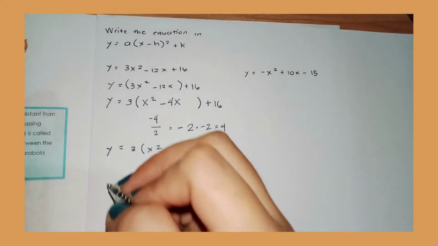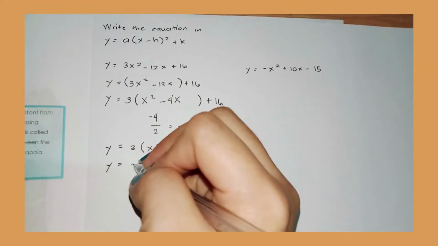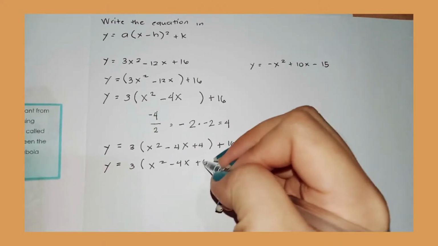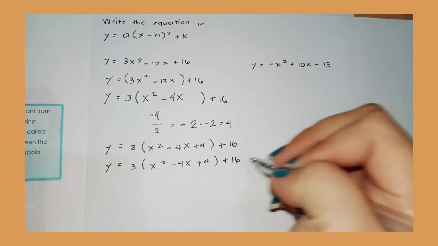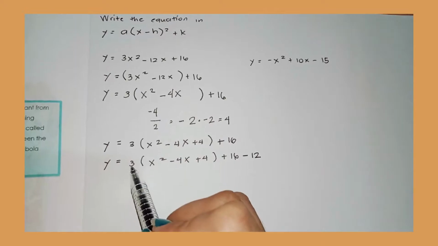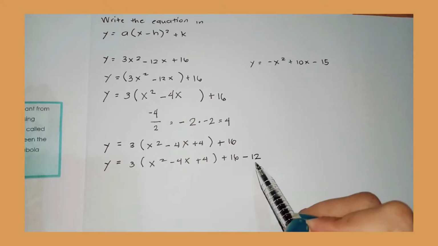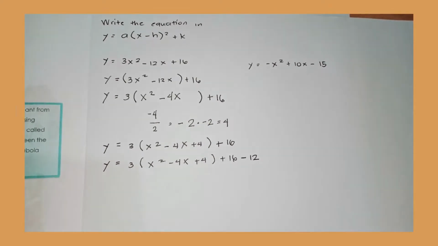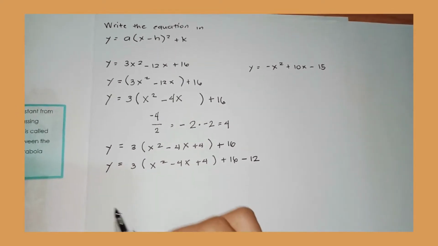So, this will be y is equal to 3x squared minus 4x plus 4 plus 16 minus 12. 4 times 3, 12. Yung 12, isa-subtract sa dulo.